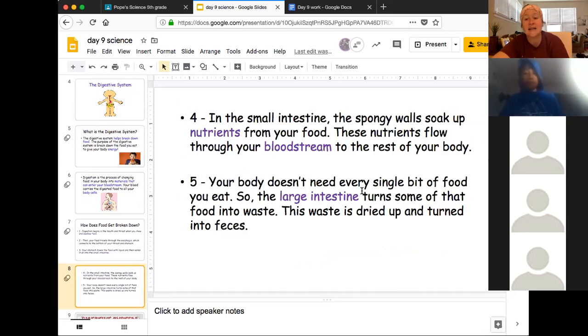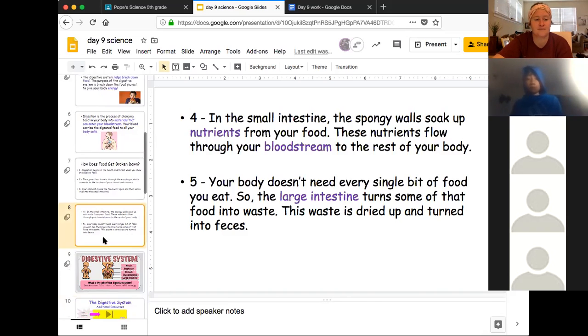Your body does not need every single thing that you eat, so the rest of it that's not soaked up like a sponge goes to your large intestine and turns into waste. So we eat food, it goes to our stomach, which turns it into a slushy, then our small intestine soaks up the good stuff, and then we push the rest of it out as waste.